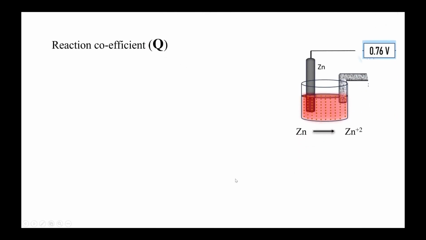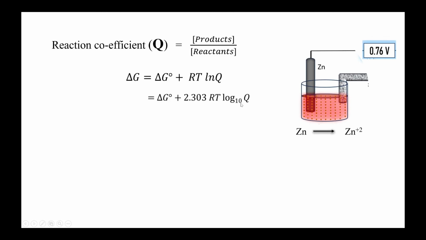The reaction quotient Q is equal to the concentration of the product divided by the concentration of the reactant. With respect to the above equation, ln Q can be converted into log to the base 10 by multiplying it with 2.303. So with respect to this reaction, Q is equal to the concentration of the product, that is Zn+2, divided by the concentration of the reactant, that is Zn.